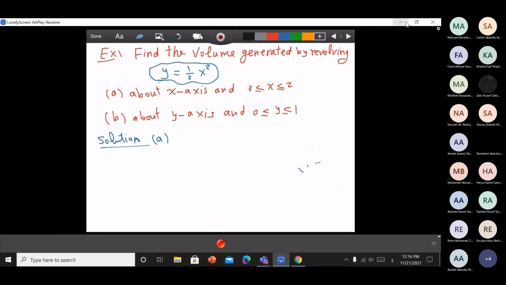Okay. So the volume, in this case, equals the integration of pi y squared dx from 0 to 2. Are you ready with your calculator?